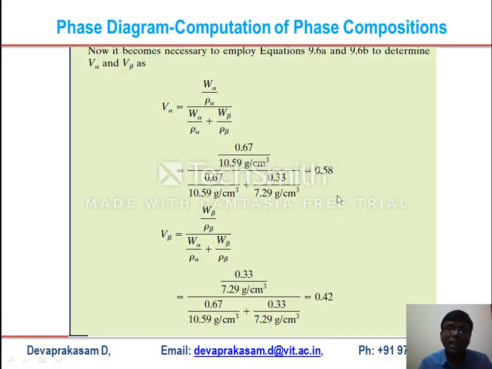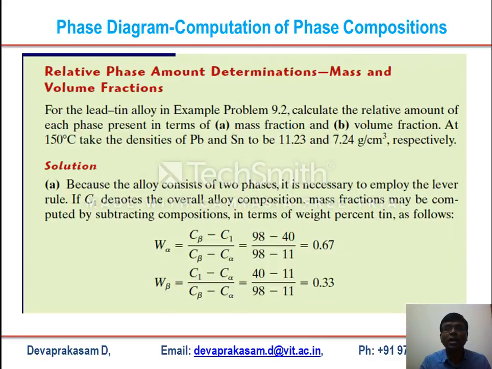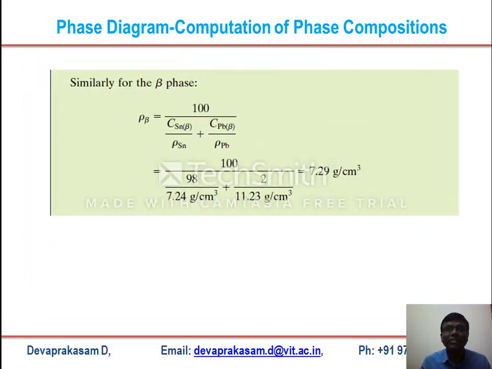So 0.58 is the volume fraction of the alpha phase, and 0.42 is the beta phase. If you again look at the mass fraction, it is 0.67 and 0.33. Why this variation? Because the densities of the lead and the tin are different. It is a composition of lead and tin, so you will get different phase fractions.